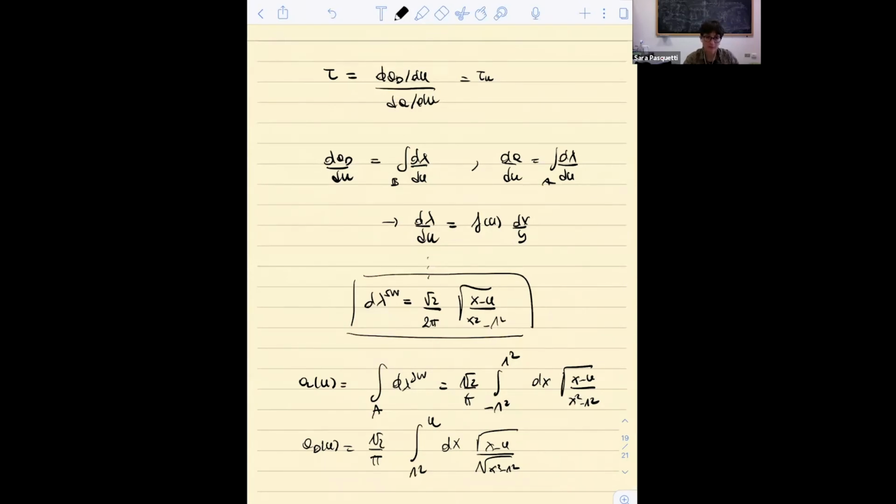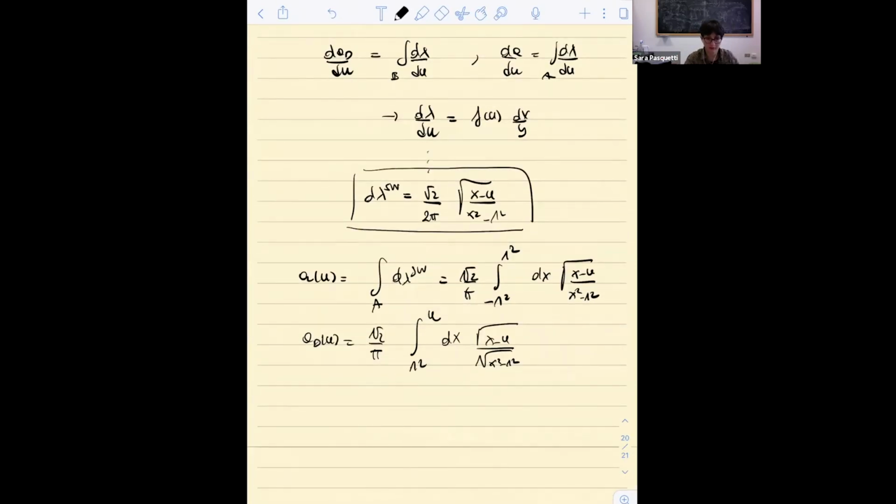And the amazing thing is that these integrals can be done. So you know them exactly in terms of hypergeometric functions. So basically you can say that you have solved the model.